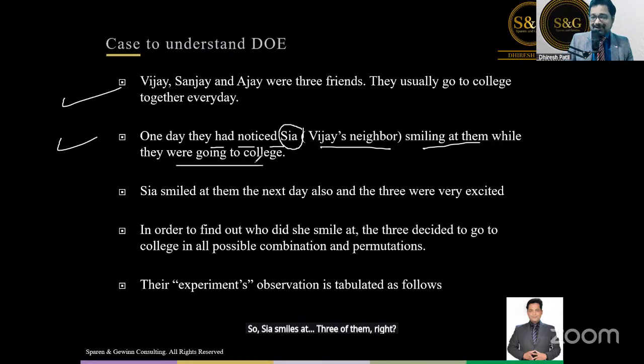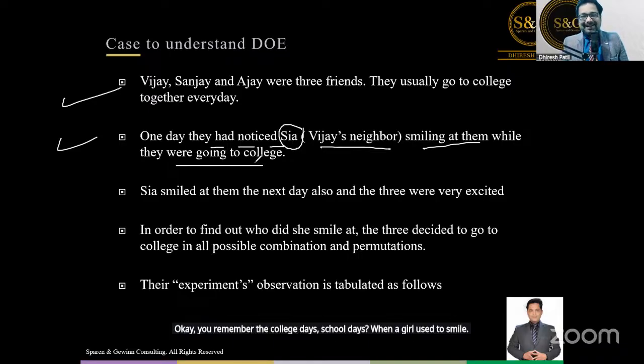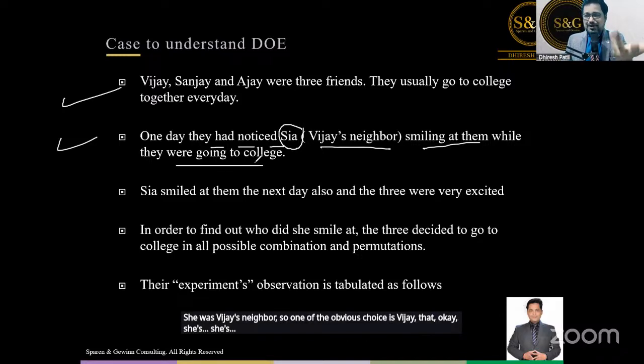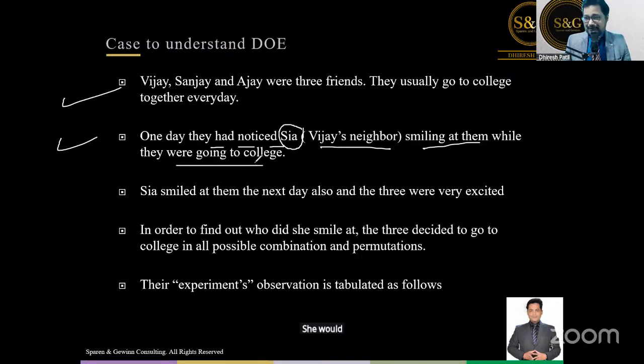Now what happens? Okay, you remember the college days, school days, when a girl used to smile, who is that person? Is it Ajay? Is it Vijay? Is it Sanjay? Now, she was Vijay's neighbor. So one of the obvious choices is Vijay. She's Vijay's neighbor, so obviously she would exchange a smile with him, right?